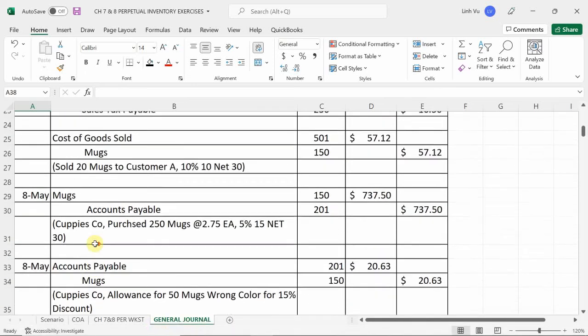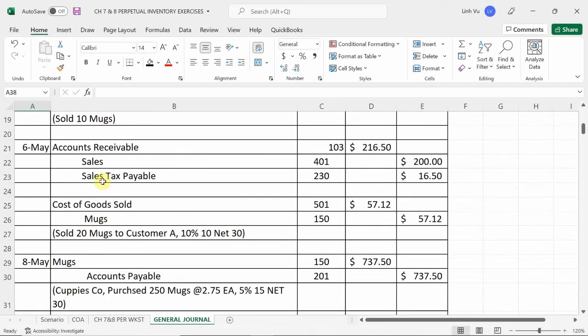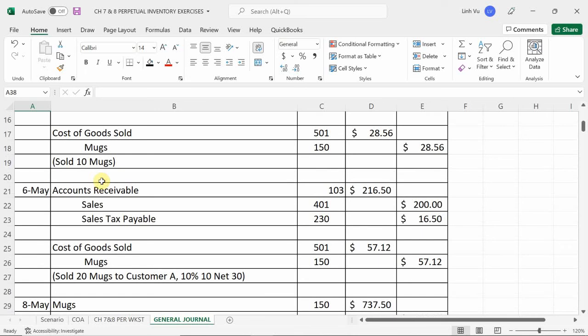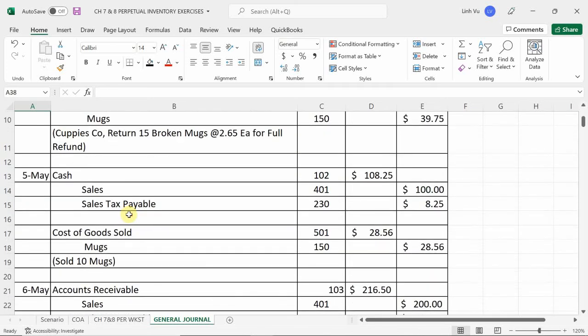Cash and mugs. So probably debit cash and credit mugs. Remember, you need to record the sale first. Keep forgetting that. No worries. Cash, and then sales and sales tax.